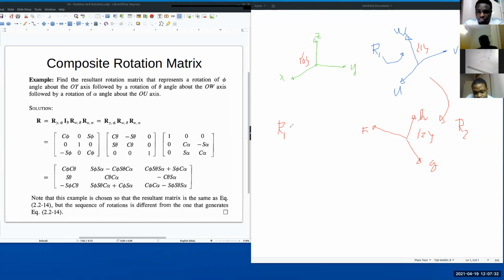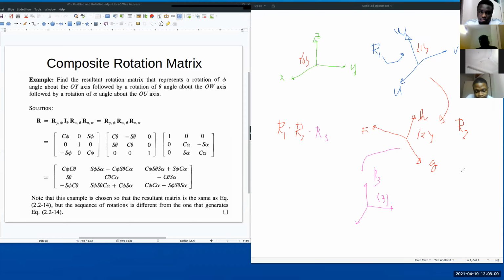The next rotation, you post-multiply it with R2. Now if you have another rotation, and this is frame 3, then you post-multiply with R3. So I think you get the idea now in terms of post-multiplication.